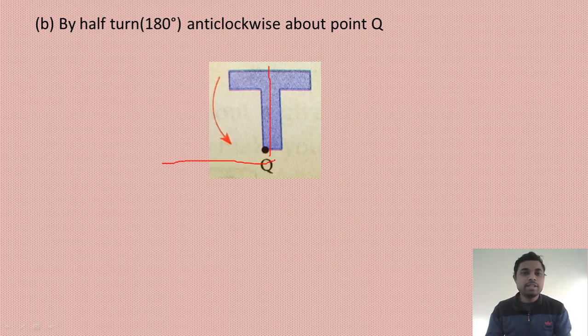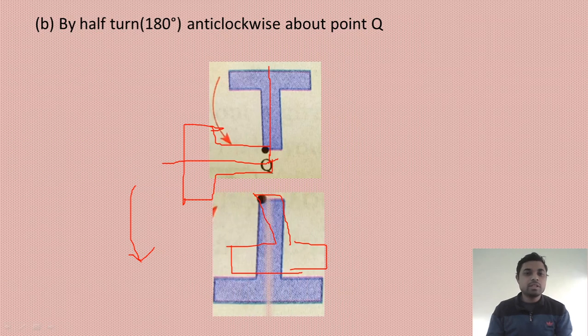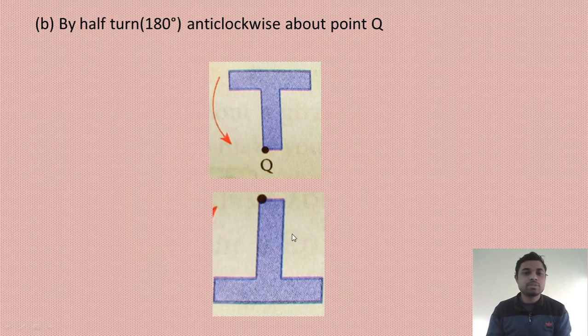When you rotate 90 degrees, this is how it looks. Okay, this is a 90 degree rotation. Again when it rotates, this position will be here and this position will be here, and the figure will be like this, that is the point Q. Is it clear?